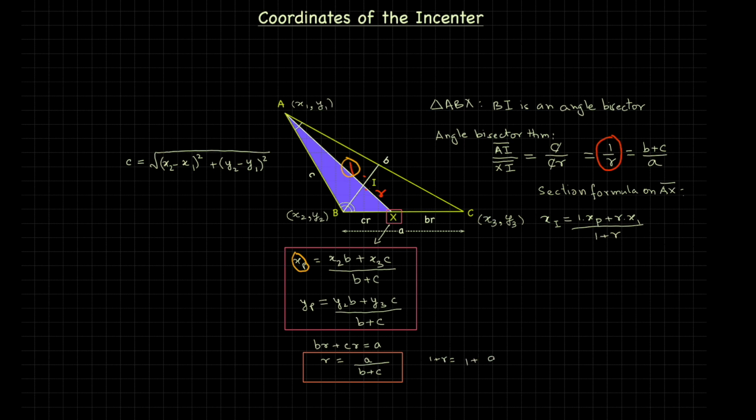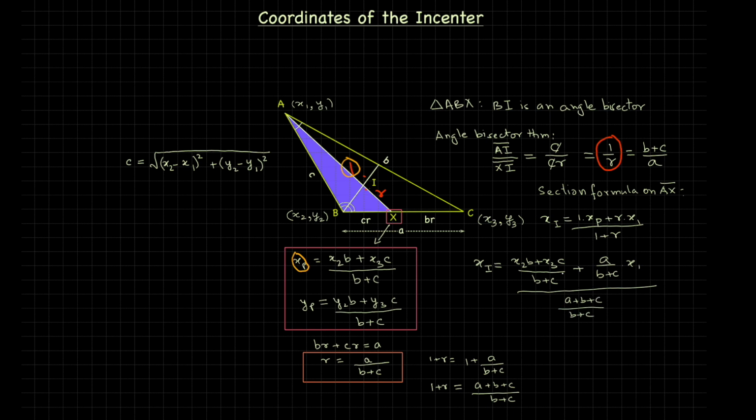It will be given by 1 plus a divided by b plus c, or a plus b plus c divided by b plus c. So now expanding xi using all the known coordinates, we get 1 times xp, which is x2 b plus x3 c divided by b plus c, plus r times x1, which is a divided by b plus c times x1, and divided by 1 plus r, which is a plus b plus c divided by b plus c.